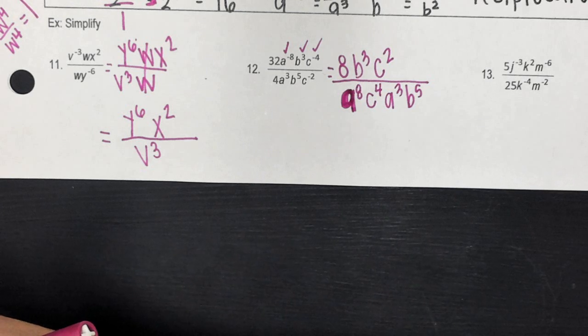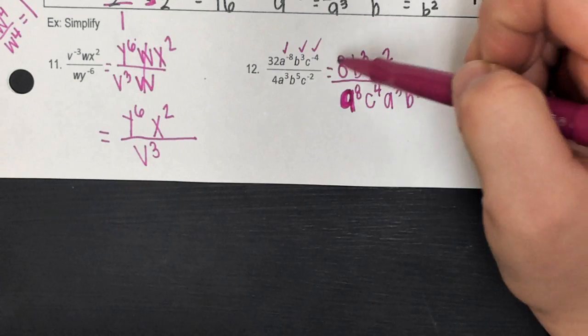Just kidding. I'm waiting on you. Take it off your head. Presley. 32 divided by 4 is 8.